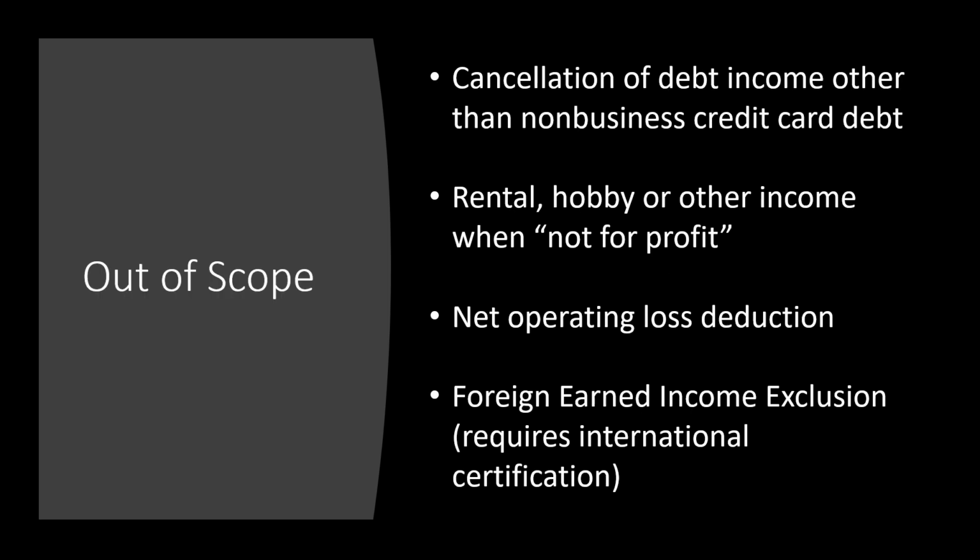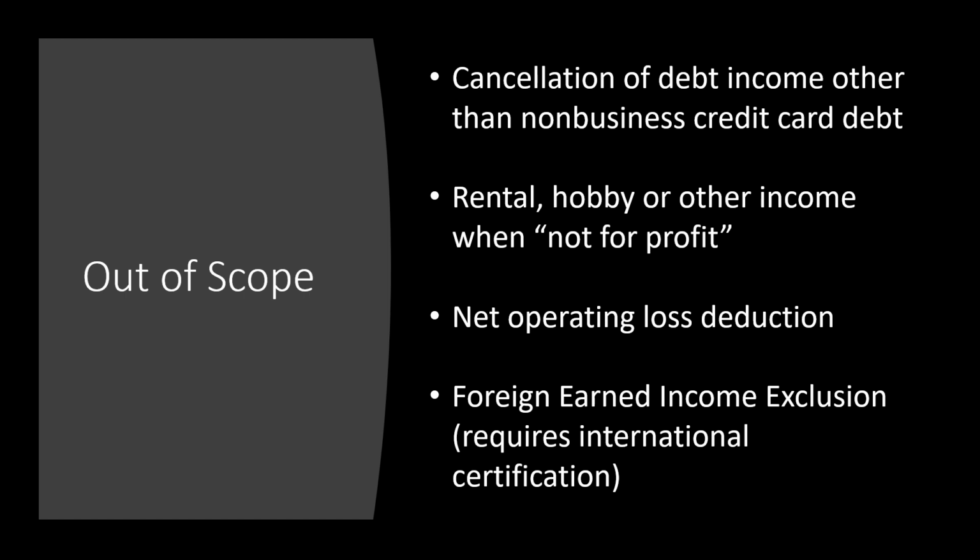So our line 8 has a lot of scope issues. Remember that cancellation of debt income other than non-business credit card debt is going to be out of scope for our basic preparers. For our advanced preparers, they could also help with the cancellation of debt when it involves the principal residence, but any other kind of cancellations of debt are going to be out of scope.